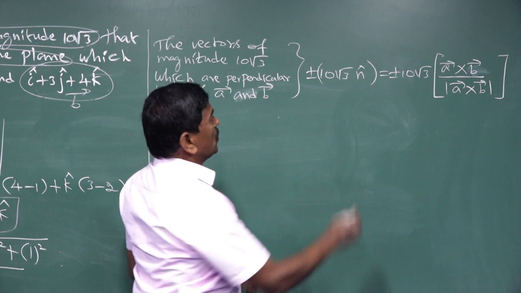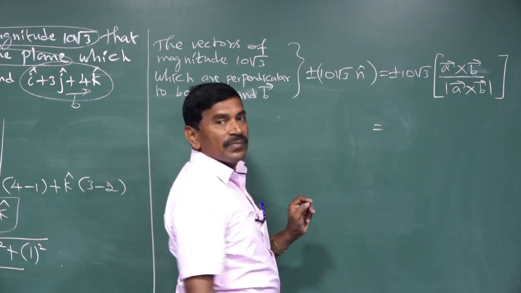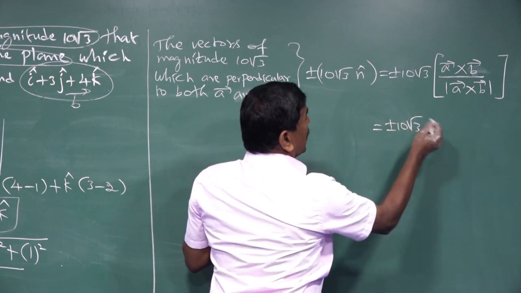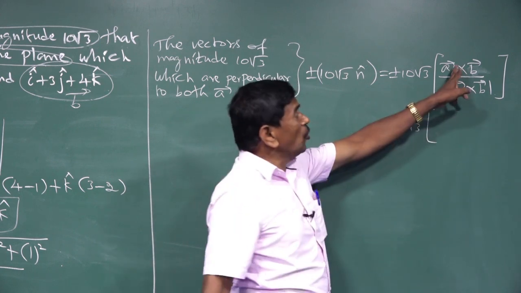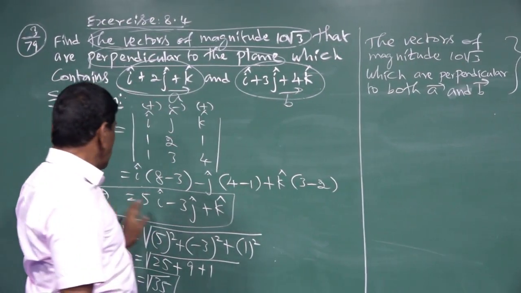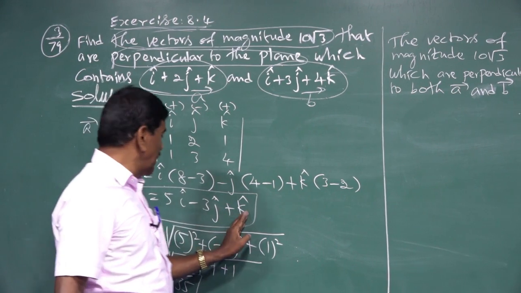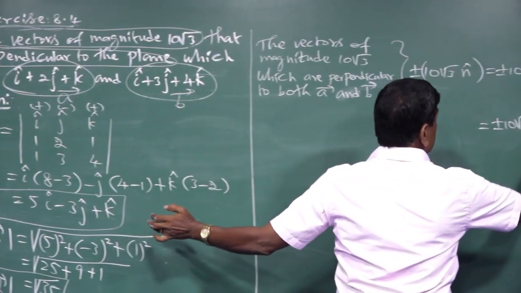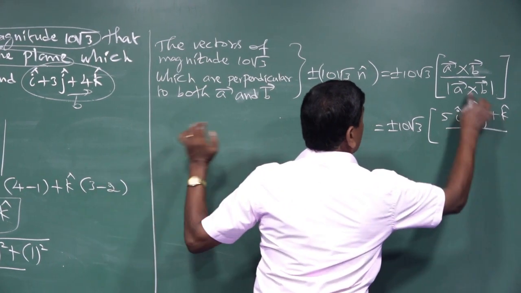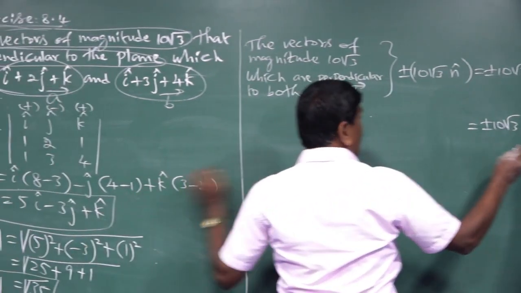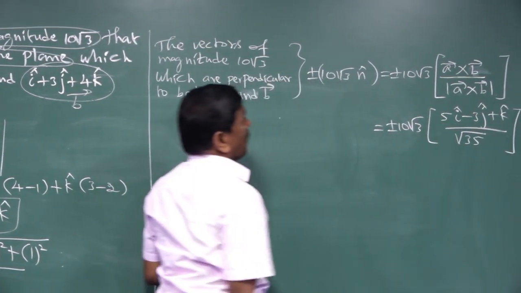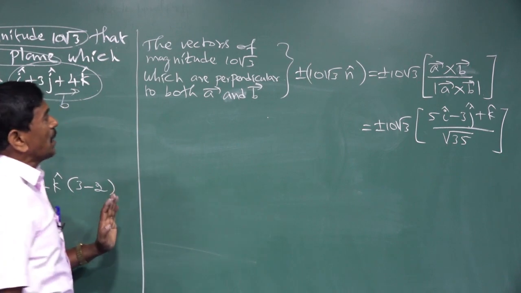Now this is equal to plus or minus 10 root 3 into, what is the numerator a cross b? a cross b is equal to 5i cap minus 3j cap plus k cap, divided by modulus a cross b, which is square root of 35. Complete the bracket. So this answer is completed.